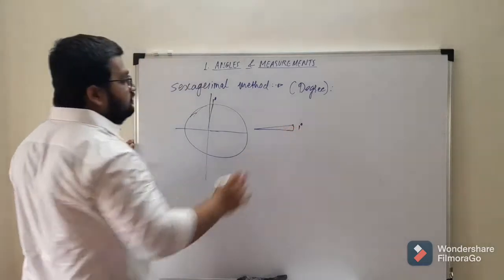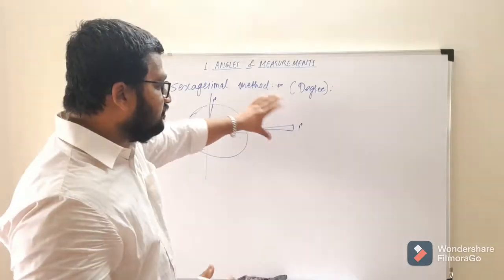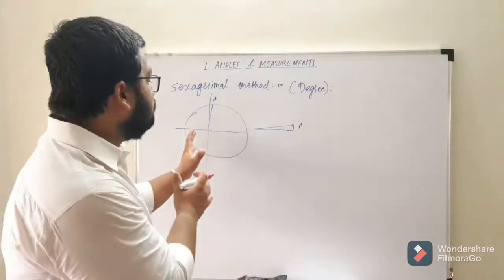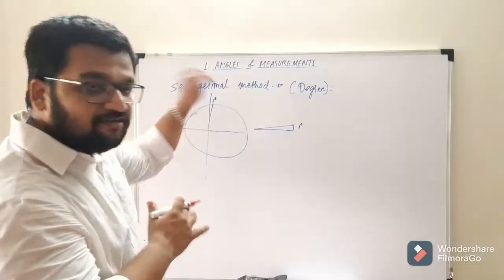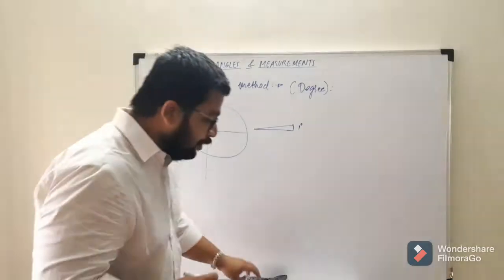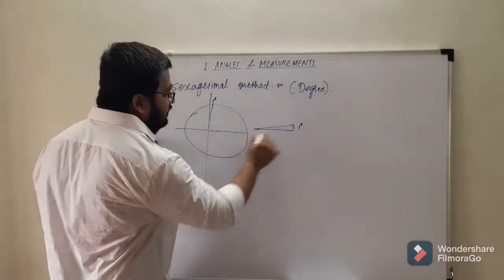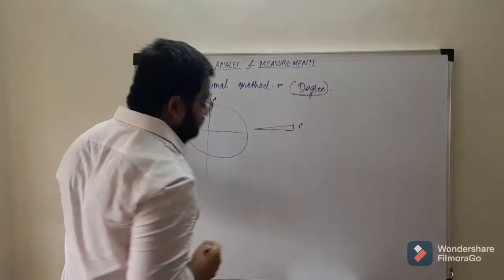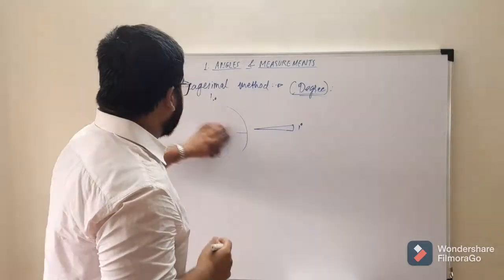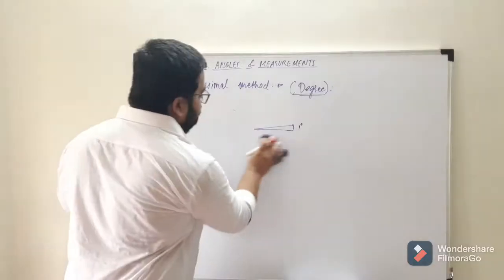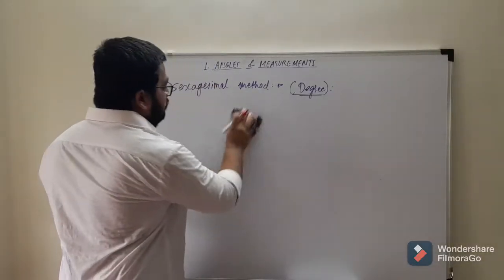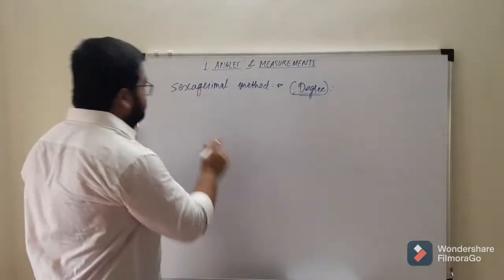Like this, 360 parts combined together make a circle of 360 degrees. So 1 degree is nothing but the 360th part of a circle. This is basically an old method. We have also studied this at school level.